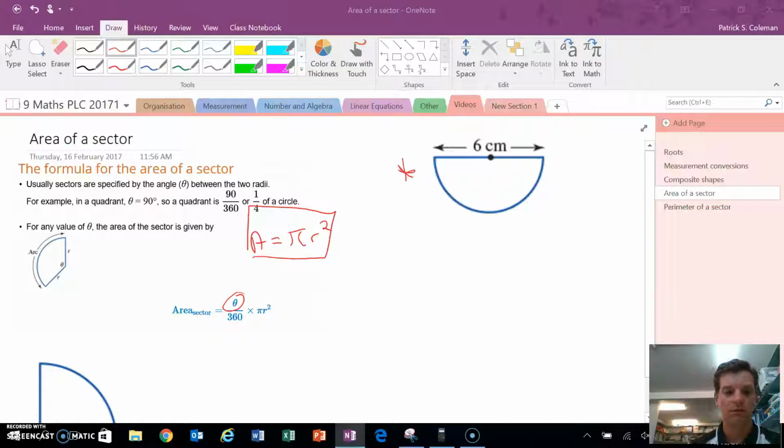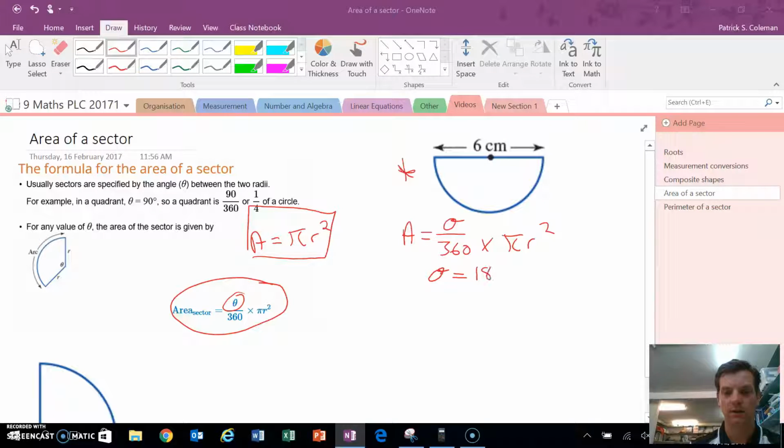So first thing we're going to do is write our formula. Area equals theta over 360 times pi r squared. So theta in this example is equal to 180, because this angle here, across here, is 180 degrees.